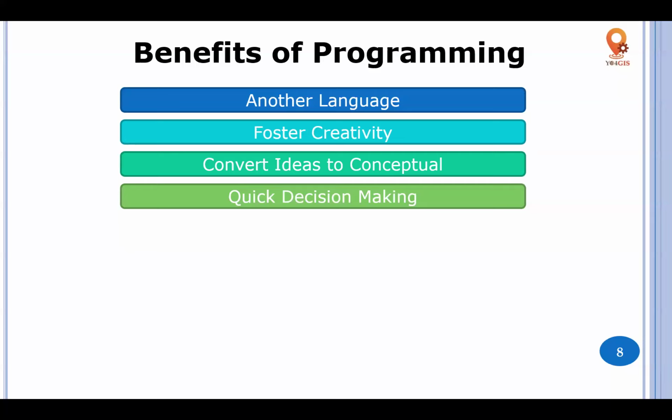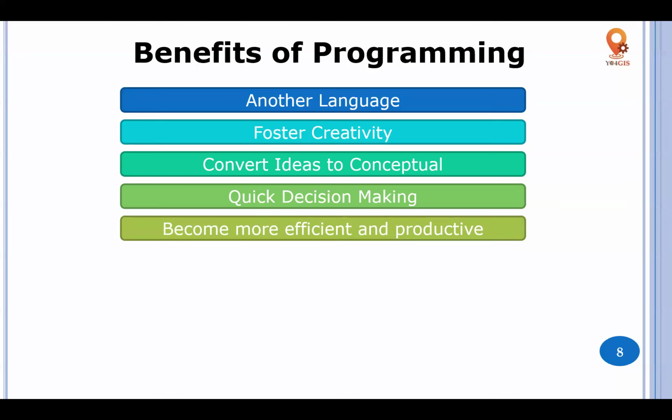With GIS and programming, if you are creating data manually, it will definitely take too much time. But if you are doing things programmatically, then you will quickly get the result, and that quickly you can take the decision.